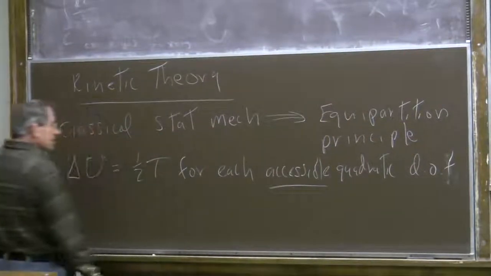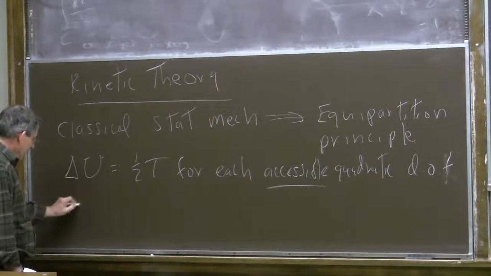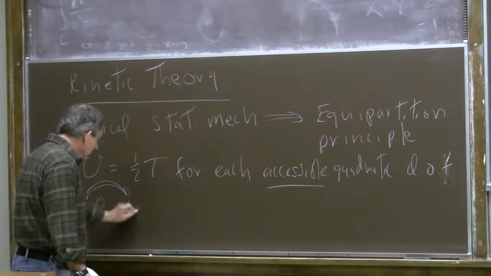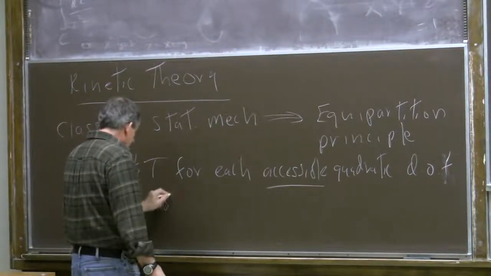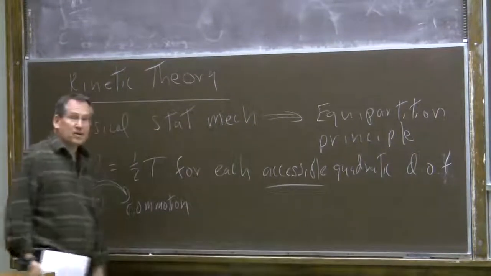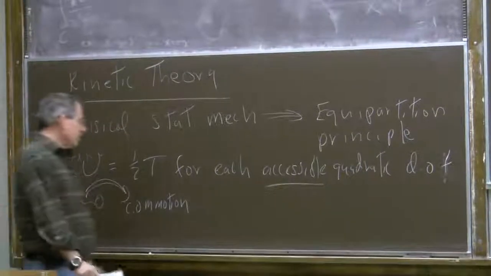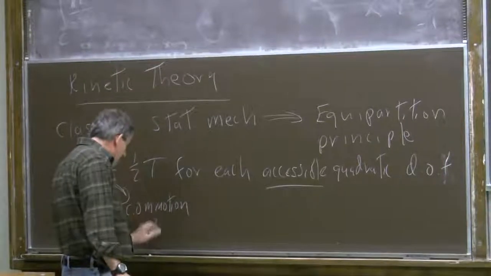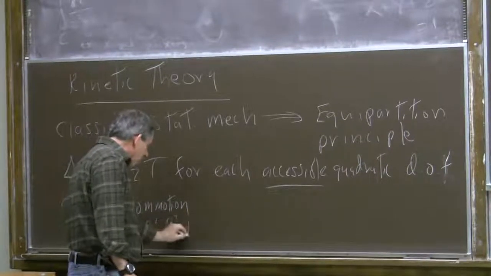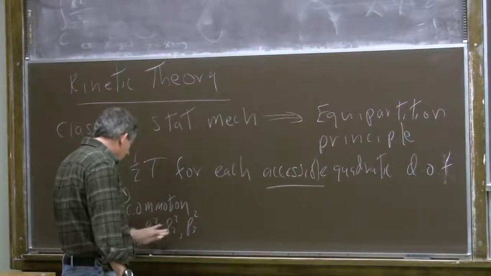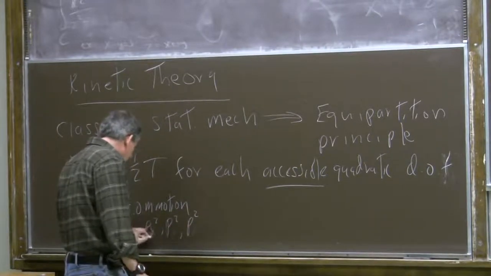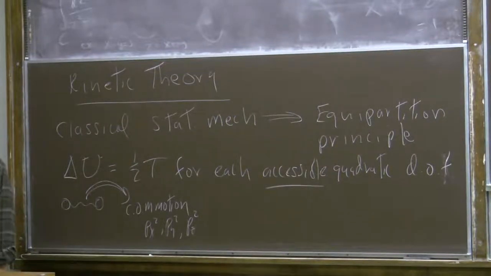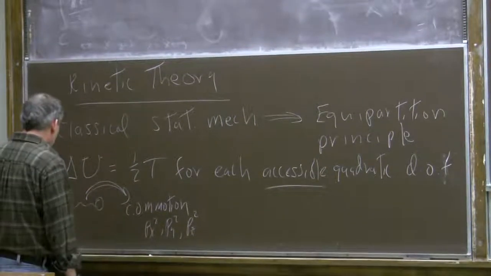And so we talked about the example of a diatomic molecule, which in addition to its center of mass motion, has 3 degrees of freedom because the energy in 3 dimensions depends on the 3 squares of components of momentum, px, py, and pz squared for each one of the molecules in the gas.